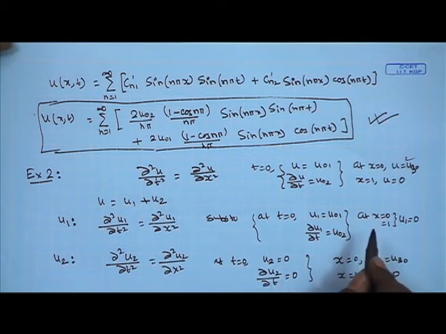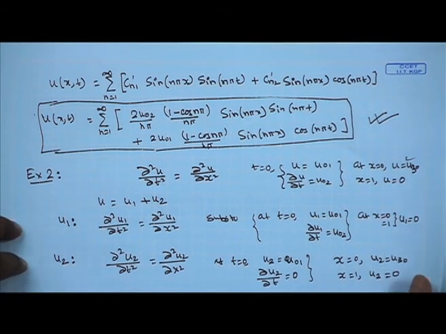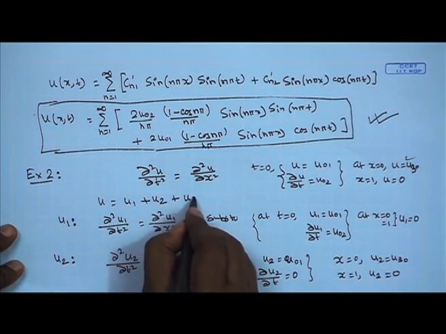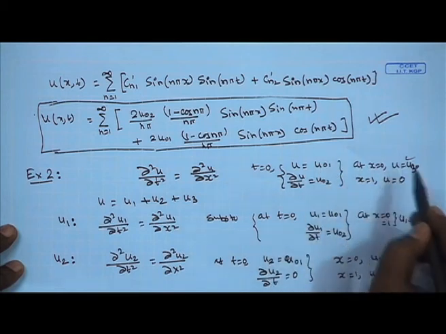In fact, there are three sources of non-homogeneity, so we will be considering one non-homogeneity at a time. I can keep this non-homogeneity intact. In the second case, I will be considering the other non-homogeneity. So, it will be divided into three sub problems, because there are three sources of non-homogeneity: 1, 2 and 3.